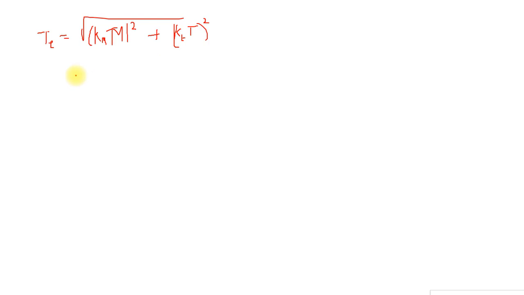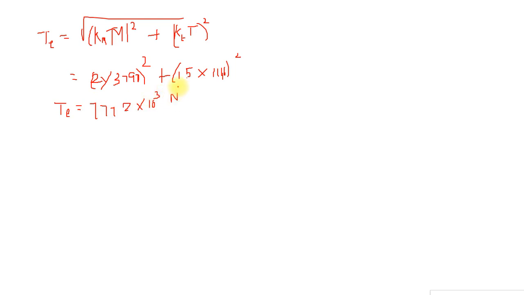As per our problem, we have the Km value as 2, given in the data itself, and the maximum moment is 3790, the whole square, plus the Kt value is 1.5, and the maximum torque value is 1146, the whole square. If we simplify it, we can find the equivalent torque value. The equivalent torque value is nothing but 772 into 10 to the power 3 Newton mm.